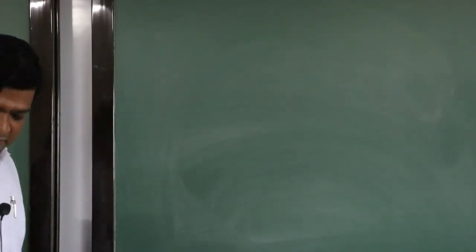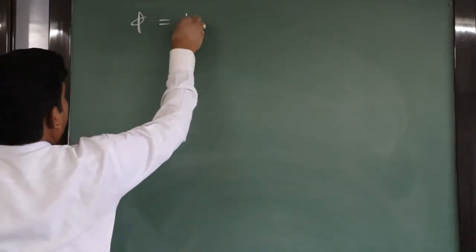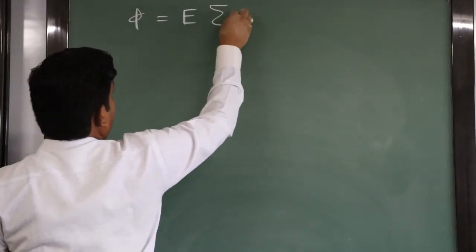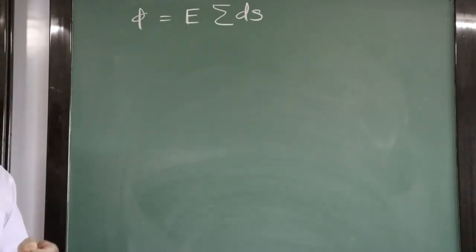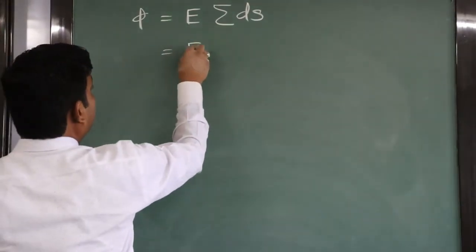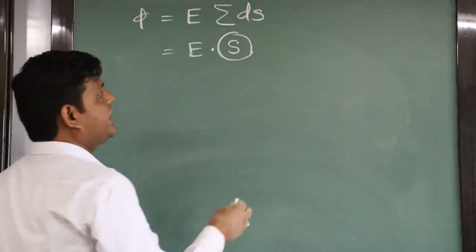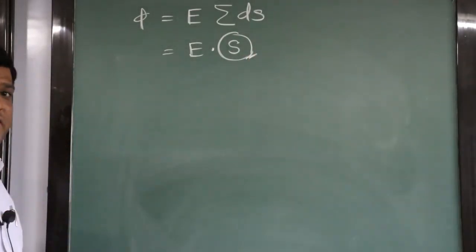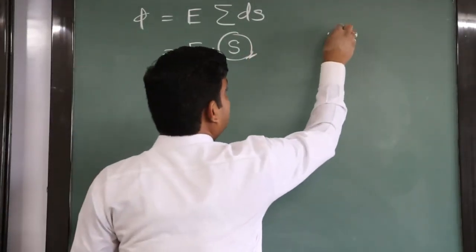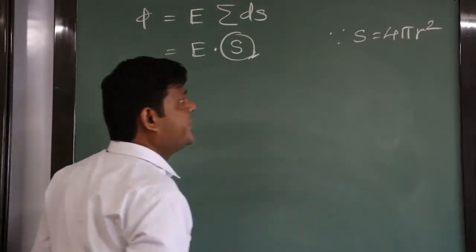At all points electric field is the same because all the points are at the same distance from the charge. So phi equal to E outside, summation of the ds. Here if we add all the small areas, we will get E into S. What is S? S is the surface area of the sphere, and that S equal to 4 pi r square.